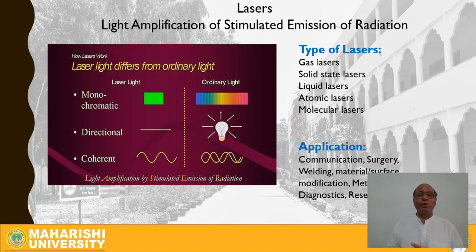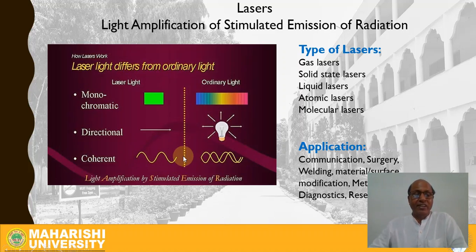Then, as far as lasers are concerned, you all know the abbreviation of laser: light amplification by stimulated emission of radiation. I'm sure you know the difference between monochromatic radiation, directional radiation, and coherent radiation. Laser is a coherent radiation.